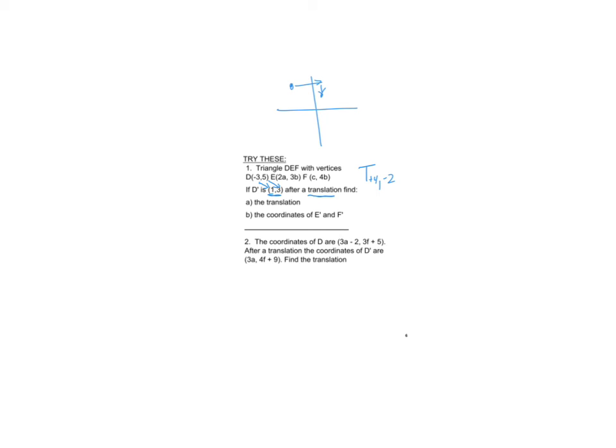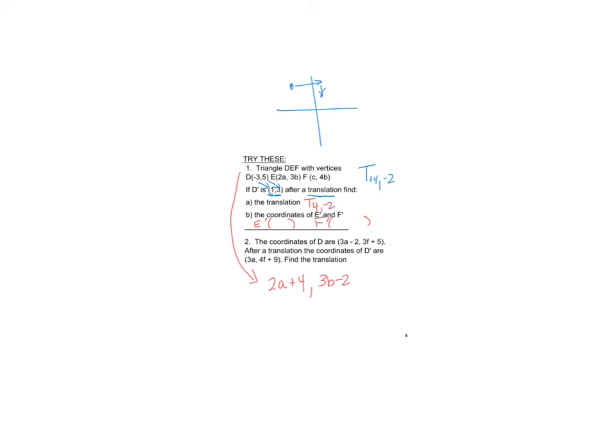Now it says to take E and do the same thing. Because I don't have that much room, I'm going to put the translation here, (4, -2), and then E prime, I'll put the final answer there, and F prime, but I'm going to do the work down here. So I'm going to take 2A and add 4 to it, and I'm going to take 3B and subtract 2.